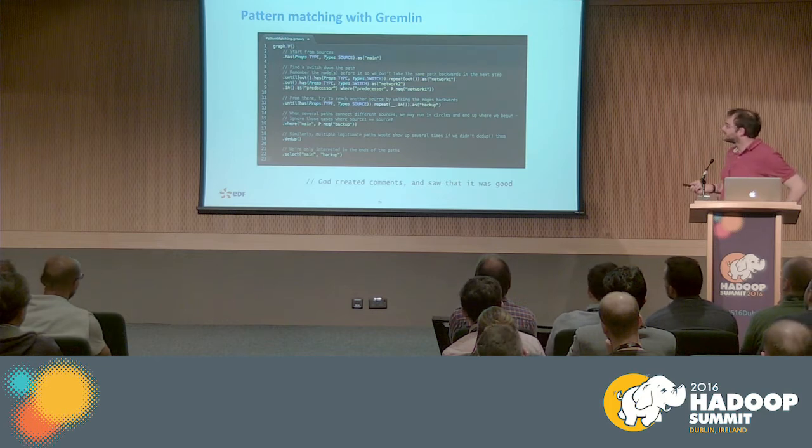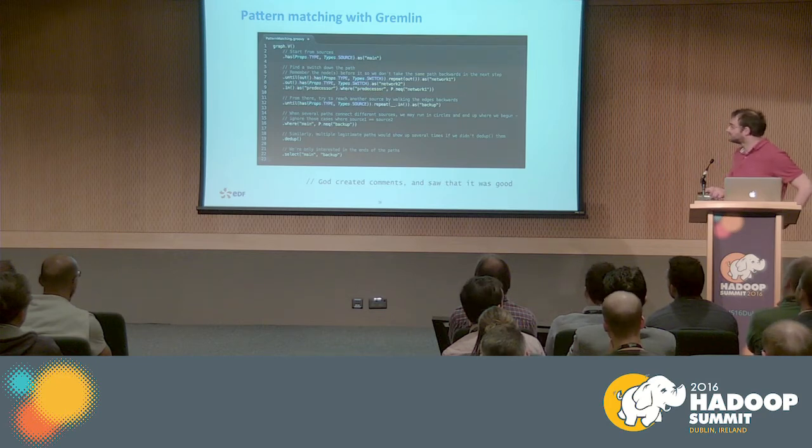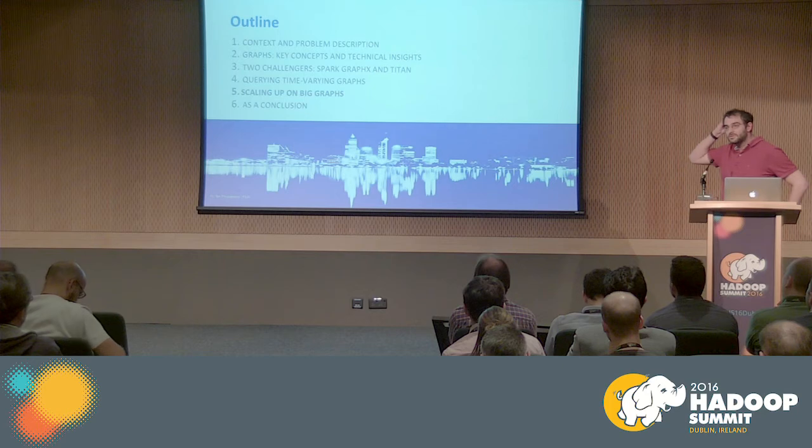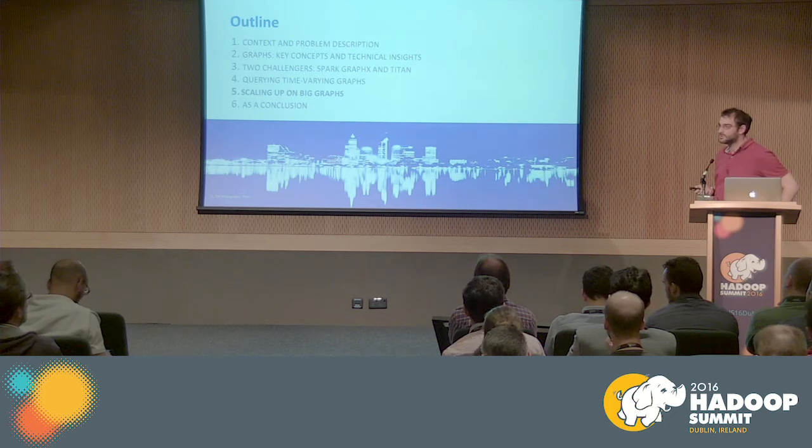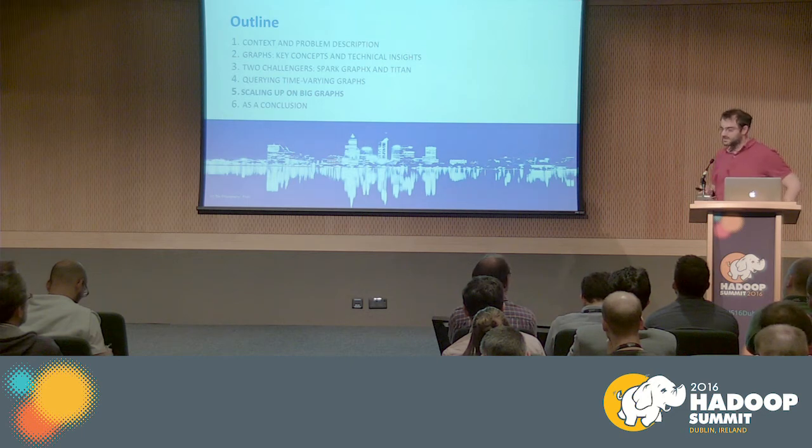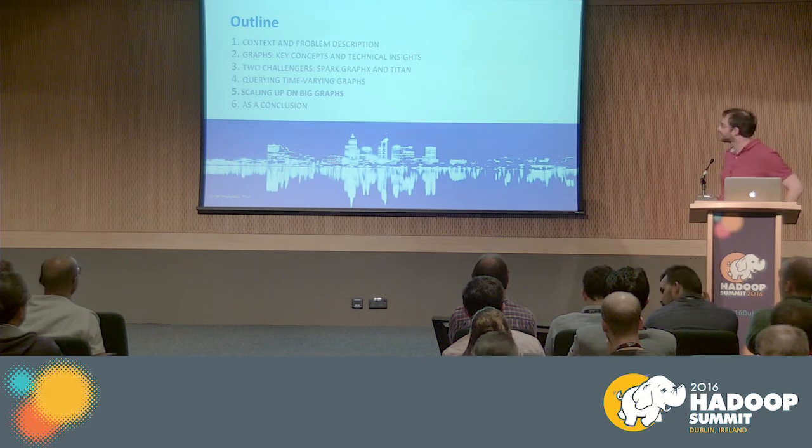But with this, it's pattern matching against the graph, and it's quite interesting as well. A bit more tricky to implement. We did not write this use case with GraphX, so I have no code to show you. My guess is it would be a lot trickier, because we're using a subset of Gremlin that is specifically designed for pattern matching, and it gives a great amount of ease for this.